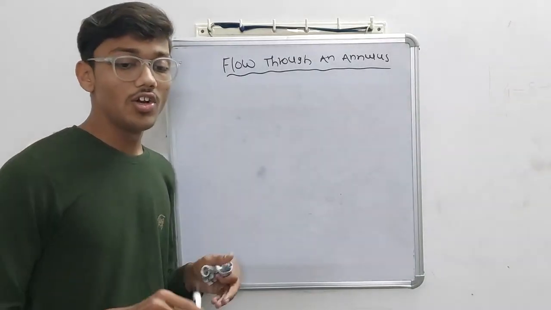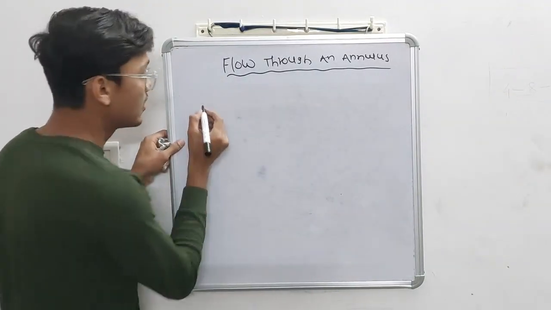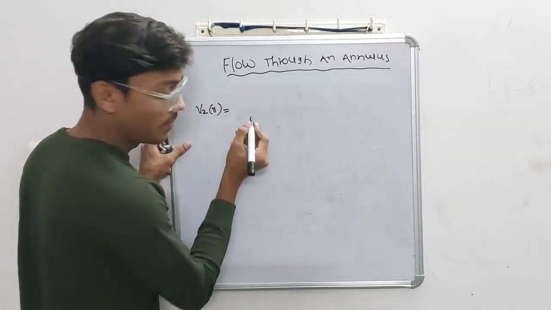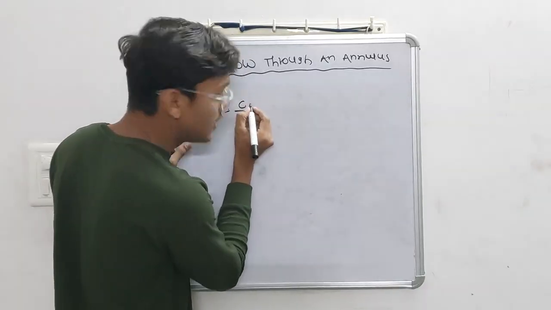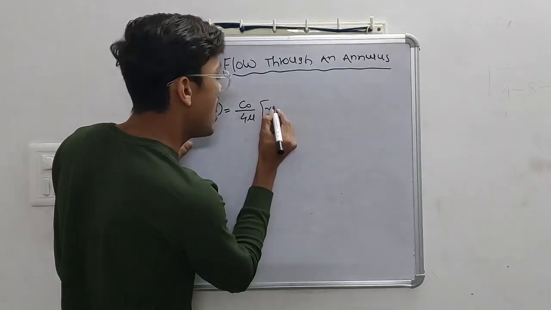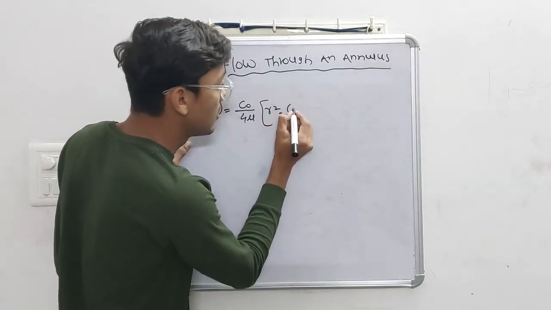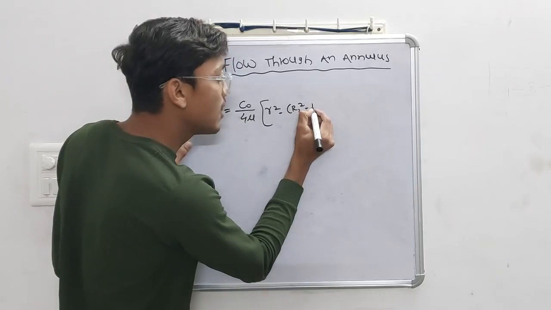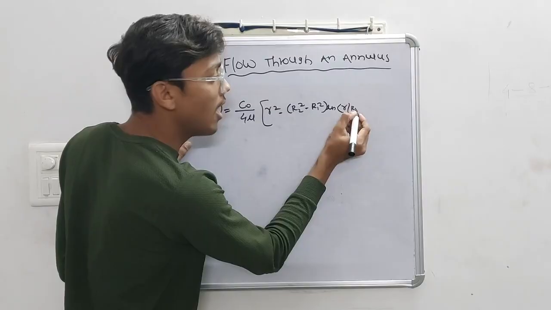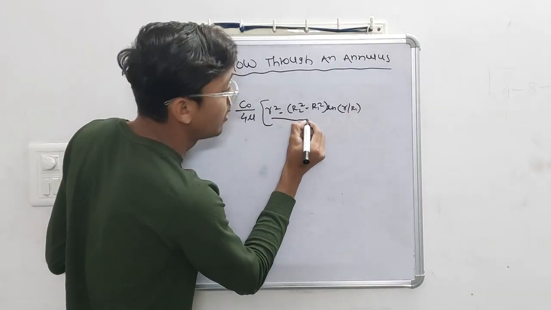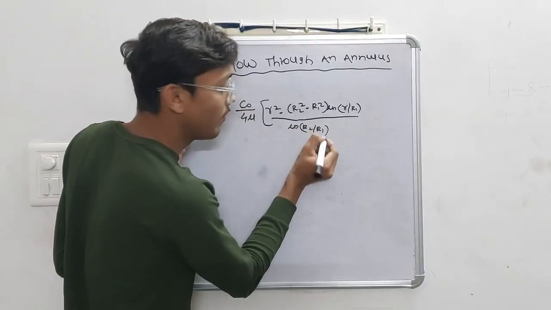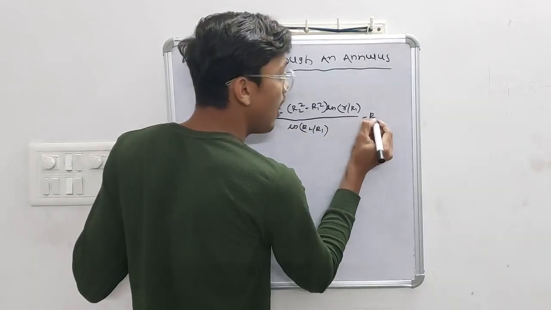Solving further, we get the velocity profile: Vz in the r direction is equal to C by 4 mu times r square minus r2 square minus r1 square ln of r by r1 divided by ln of r2 by r1, minus r1 square.